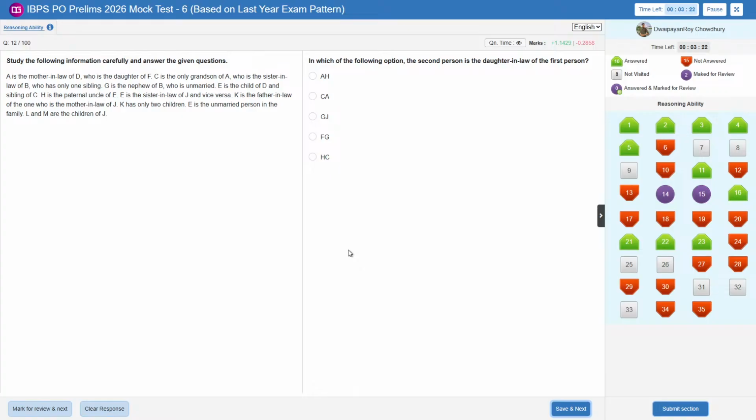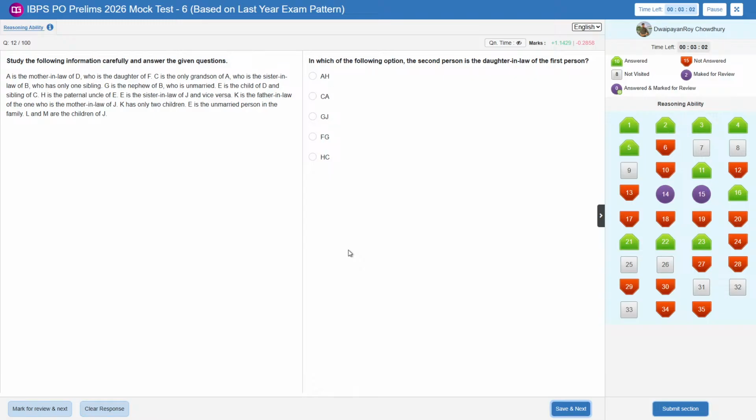E and J are sister-in-law, and vice versa. K is the father-in-law of the one who is mother-in-law of J. Who is father-in-law?